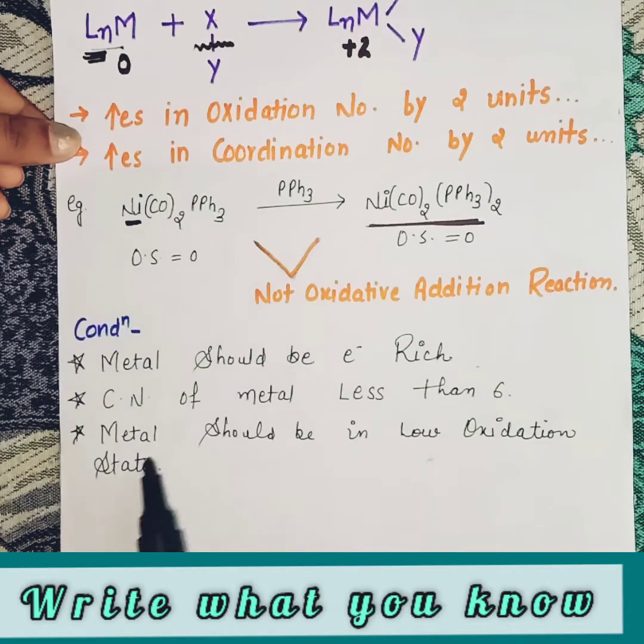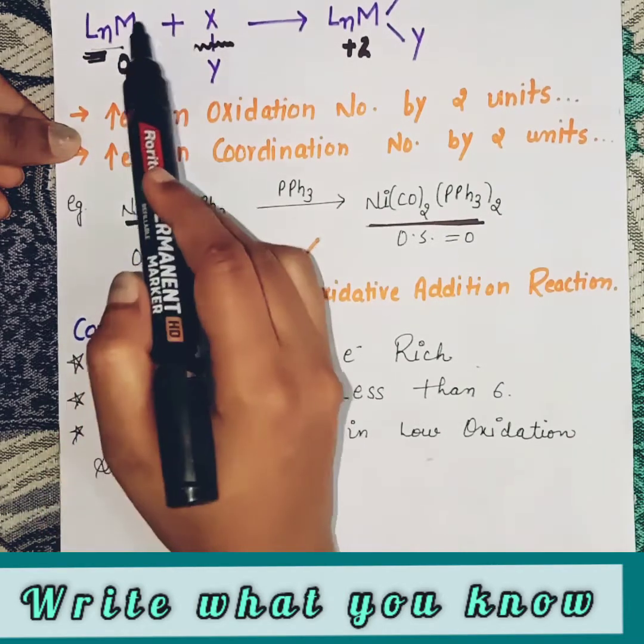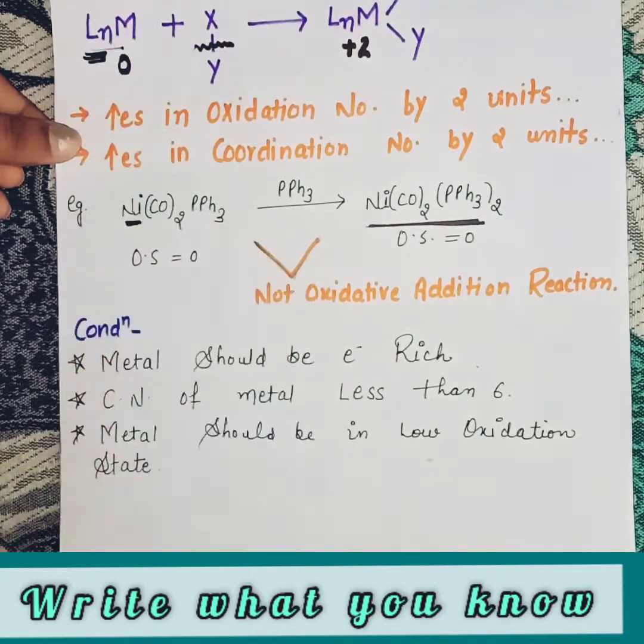Third, the metal atom should be in a low oxidation state. So these are the most important conditions for oxidative addition reaction.